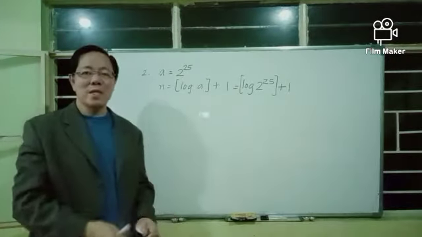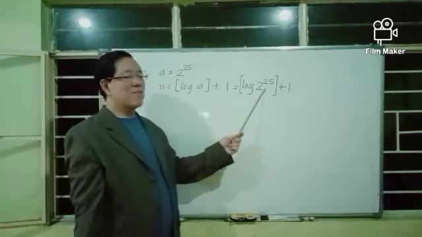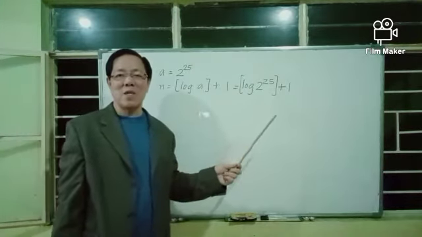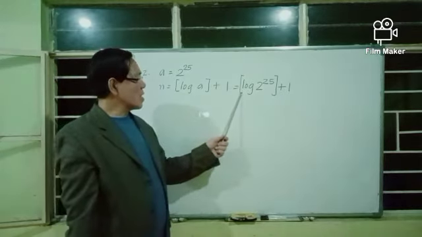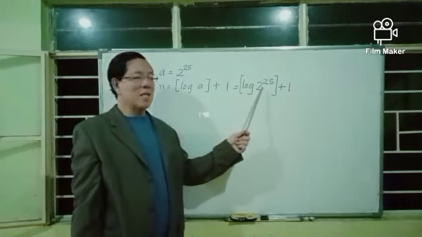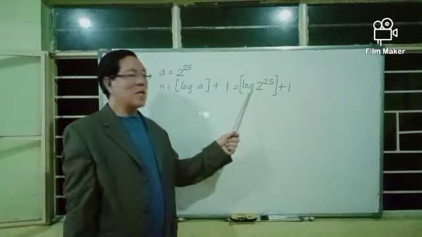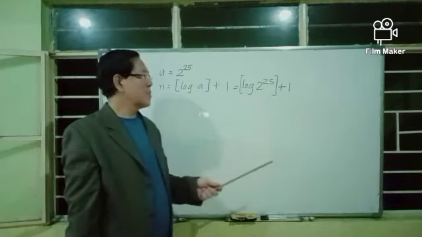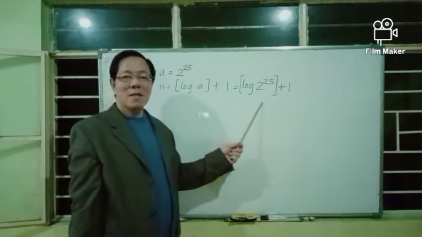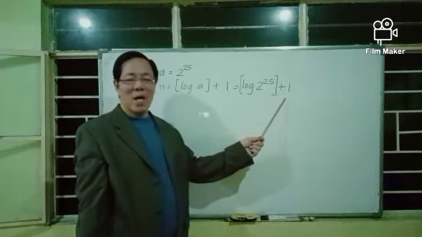And to the logarithm of 2 raised to 25, we apply one of the properties of logarithm. The logarithm of 2 raised to 25 is equal to 25 multiplied by logarithm of 2. And we take its floor and we add 1.